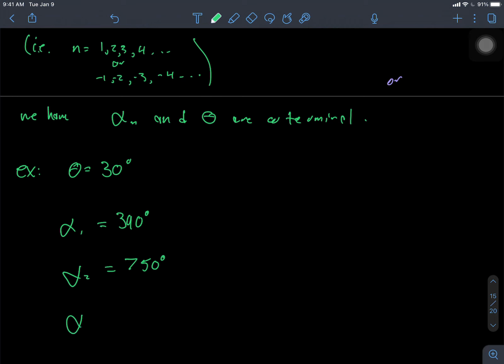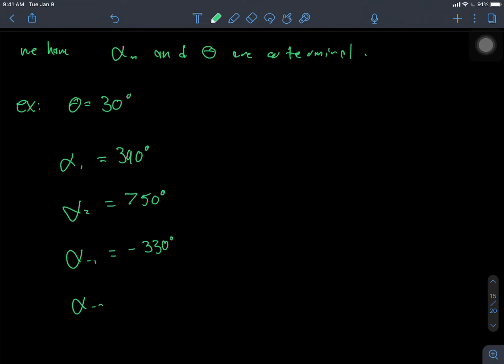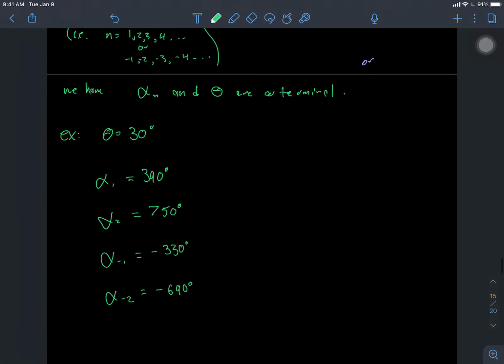And then alpha negative 1 would be equal to negative 330 degrees. And alpha negative 2 would be that minus an additional 360, which is negative 690 degrees, and so on and so forth. All of these angles are coterminal.